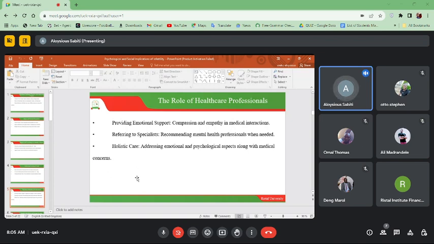So what are the roles of healthcare professionals? You need to provide emotional support. So if an individual comes to you after seeking professional help, you should be able to provide emotional support, compassion, and empathy in medical interactions.